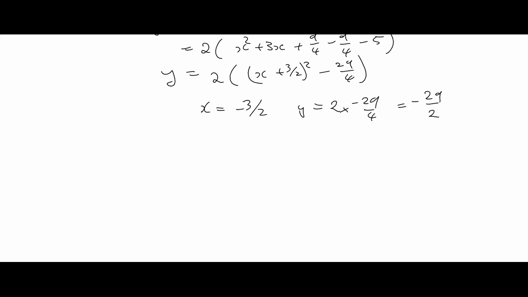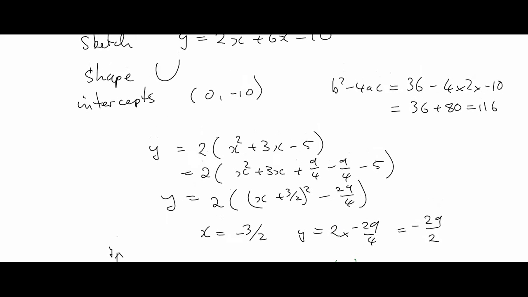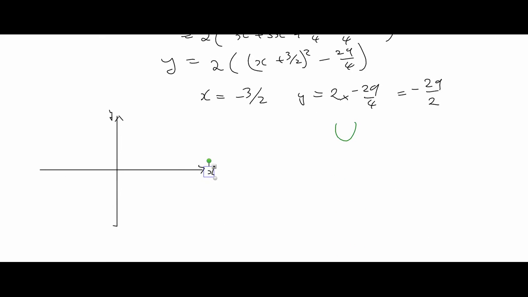And so to sketch the curve, we know the curve has the U shape. We know it goes through (0, minus 10), which would be down here somewhere.